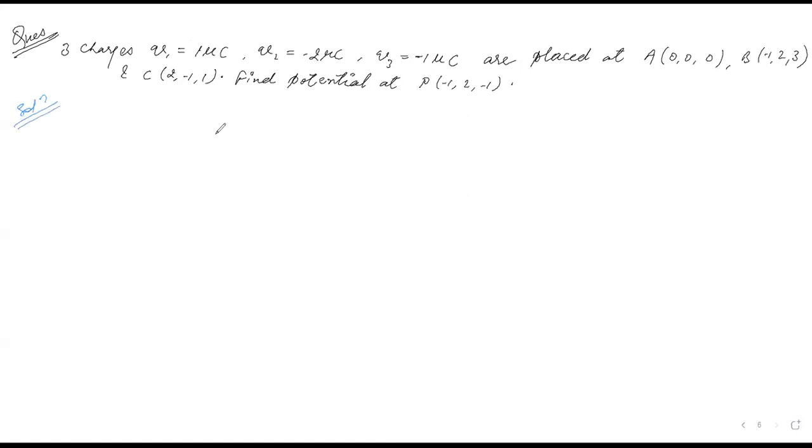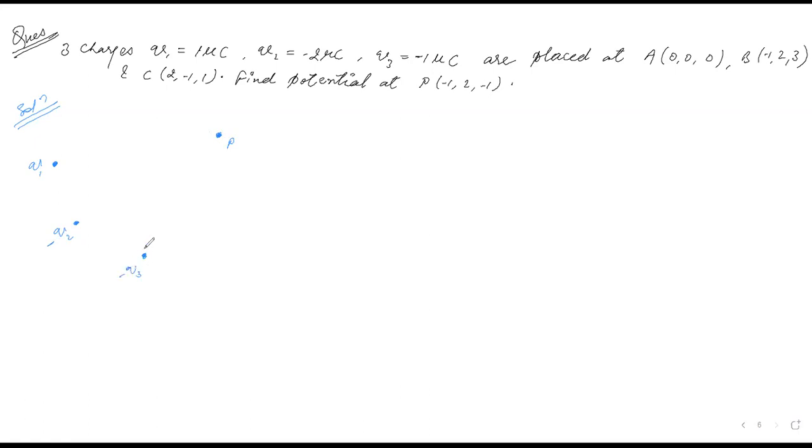Suppose that you have a position P here, and 3 charges are given. This is your charge Q1, this one is charge Q2, minus Q2 you can take, and this one is charge minus Q3.